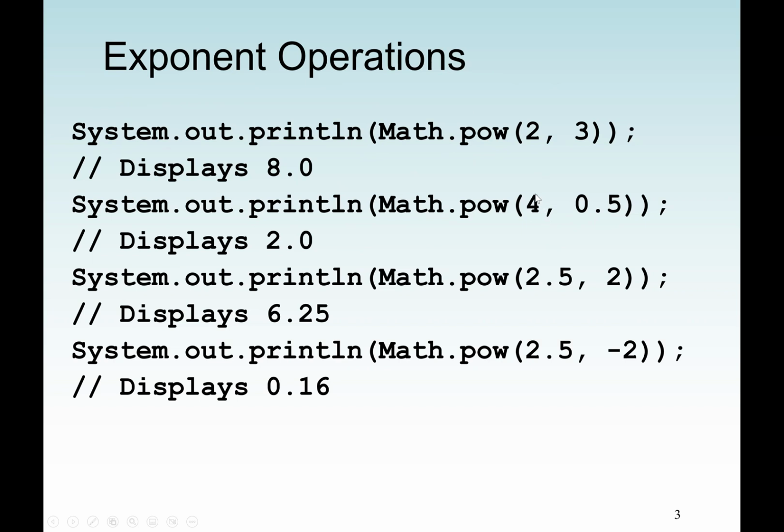The square root function takes only one argument, the value, and that also returns 2. Also, we have Math.pow(2.5, 2), which is 2.5 squared, and that gives us 6.25. We also have 2.5 raised to the power negative 2, which gives us 0.16.